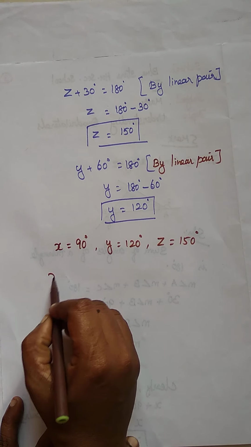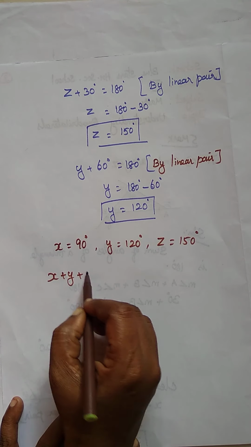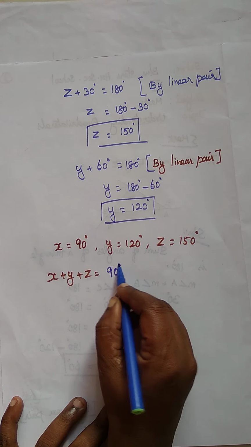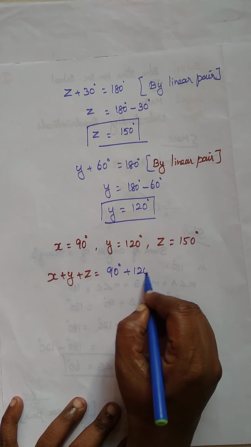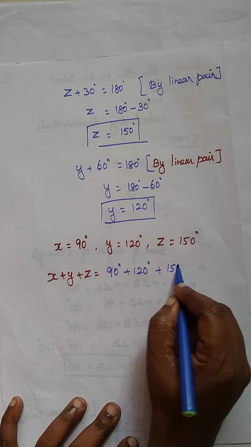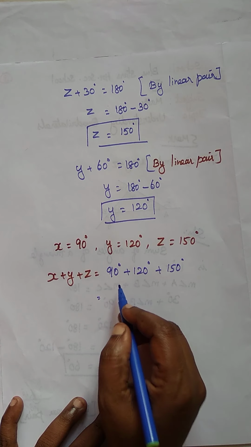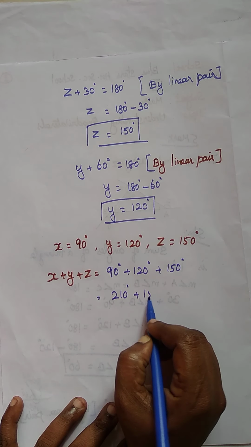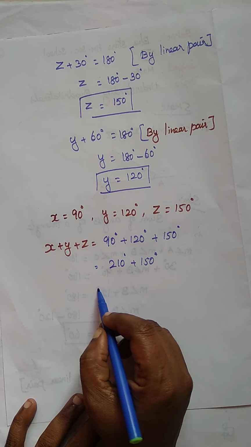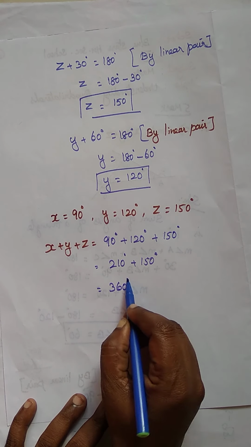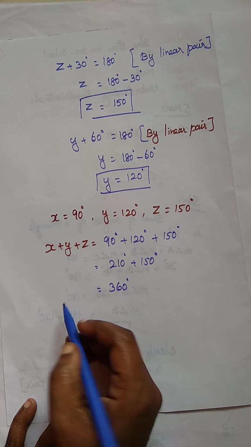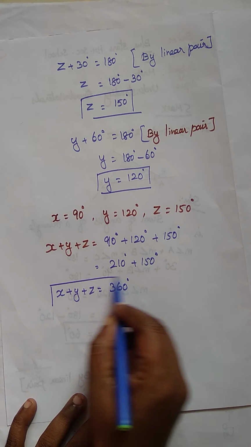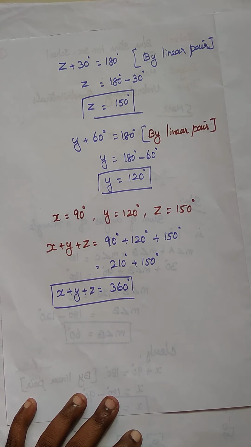Now we find x plus y plus z is equal to 90 degree plus 120 degree plus 150 degree. Okay, we add this. 90 plus 120 is 210 plus 150 degree is equal to what? 360 degree. So the value of x plus y plus z is equal to 360 degree. Clear?